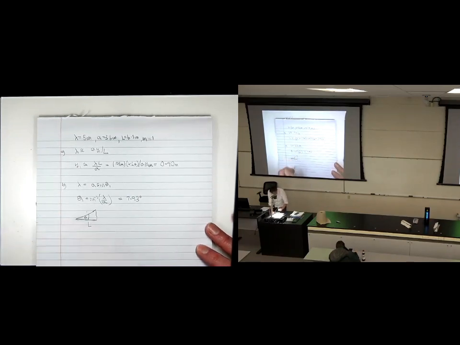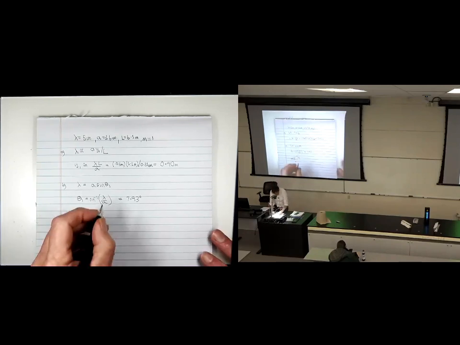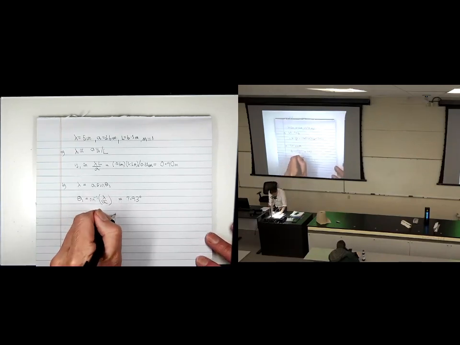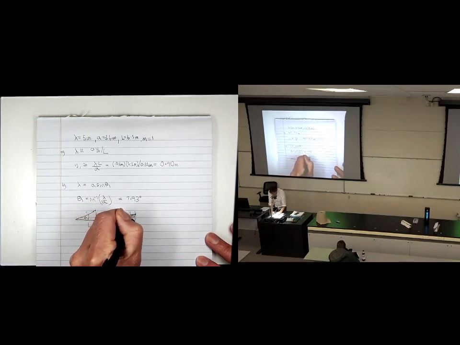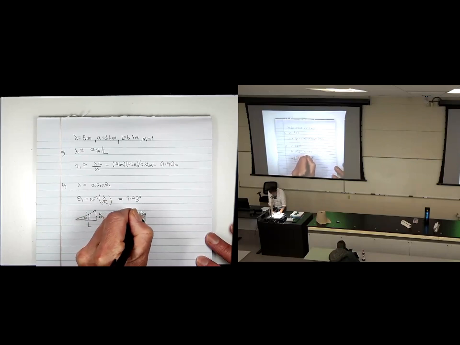Here's the distance to the screen. That's the adjacent to the angle. Here's the position on the screen. That's the opposite of the angle. Those three things are related, since the tan of the angle is equal to the opposite over adjacent. So we're going to just use that and write an equation that y1 equals L tan theta 1.